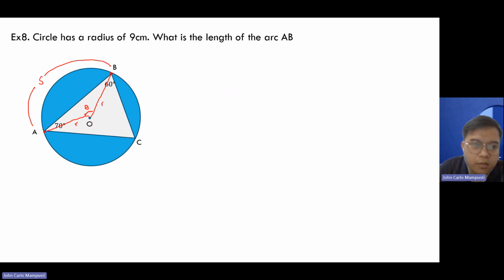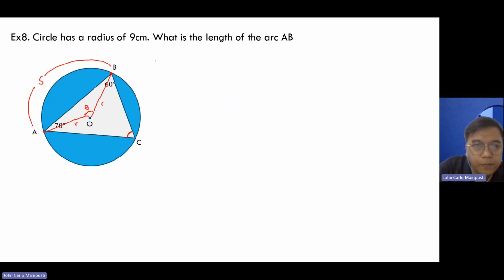So if you're going to take a look at this one, yung arc ng ating dalawang radius na to is AB din. So anong gagawin natin? Remember yung theorem natin, kung ano yung angle na to, doble nito. Ibig sabihin, kailangan natin hanapin yung C.